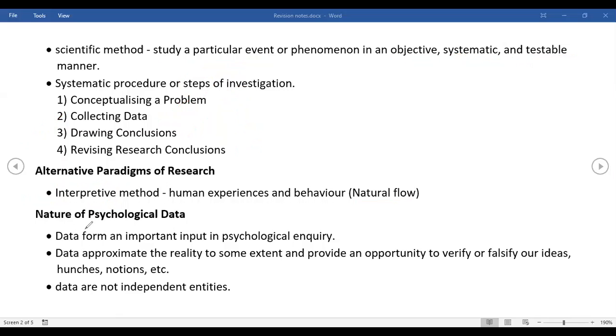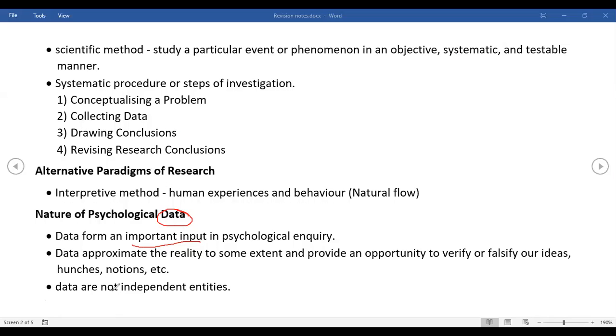Okay, next topic is the nature of psychological data. What are the characteristics of data? Here we introduced the term data. We will be reusing it multiple times. Data form an important input in psychological inquiry. Data plays a key role.